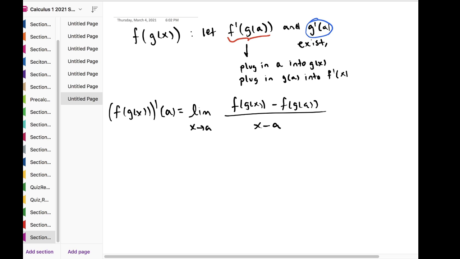What should I multiply this by to give me a g prime? So what should go here in the numerator?